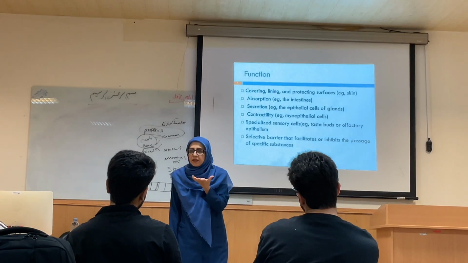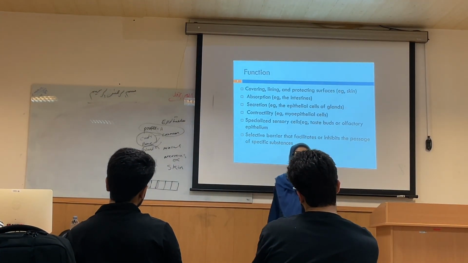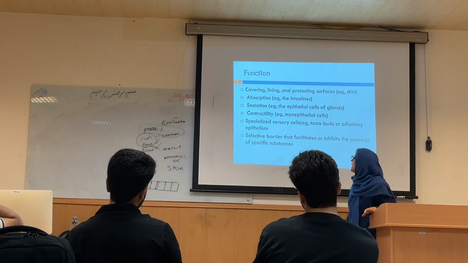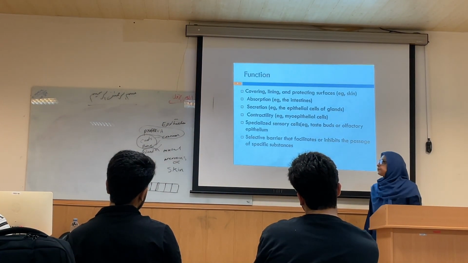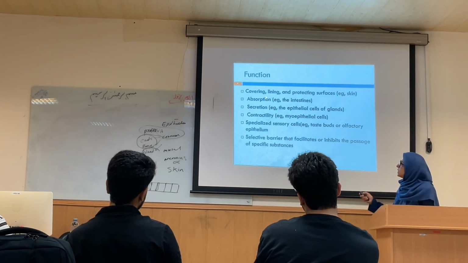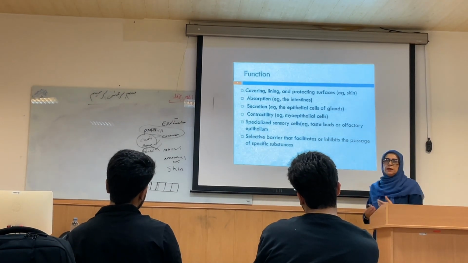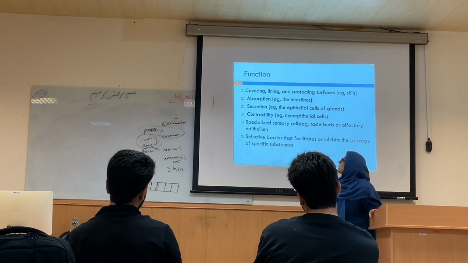The taste bud is a type of epithelial tissue but acts as a neuron, neuroepithelial cells, or in the olfactory epithelium, in smelling. And finally, all of these epithelial tissues act as a selective barrier that can facilitate or inhibit passing of anything through the skin or other surfaces.